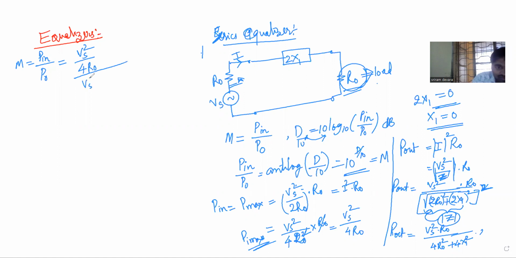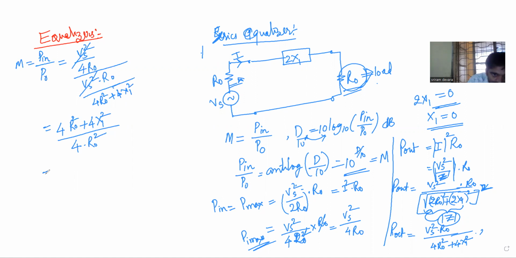This is Vs square into R naught divided by 4 R naught square plus 4x1 square. Vs and this Vs get cancelled. This becomes 4 R naught square plus 4x1 square divided by 4 R naught square.